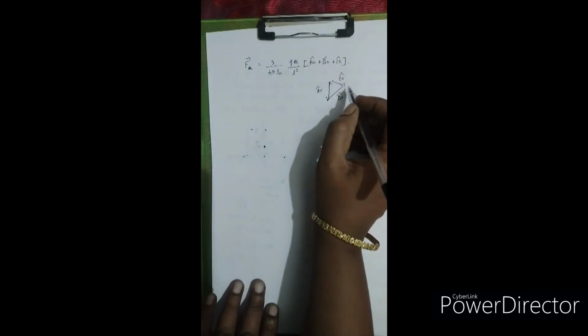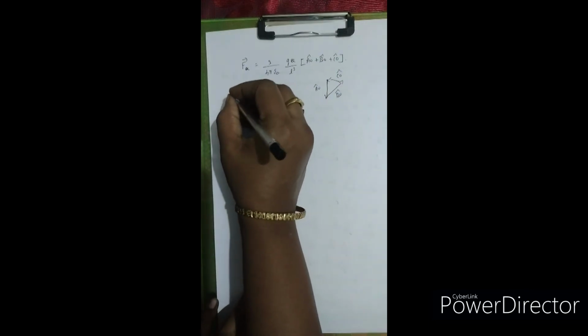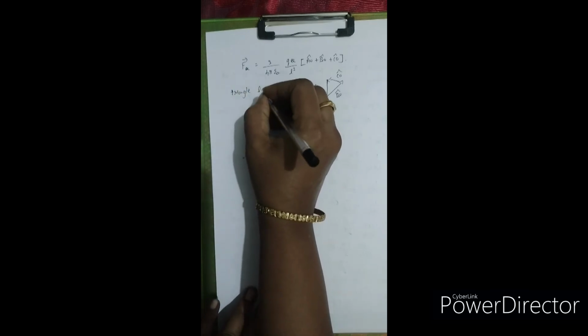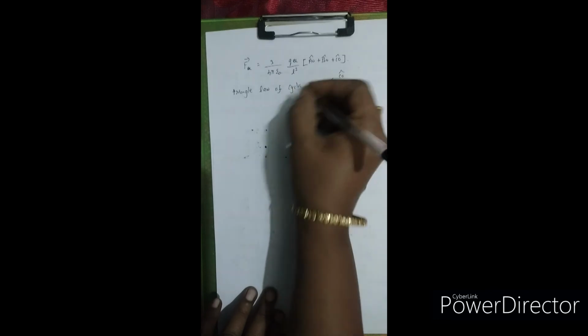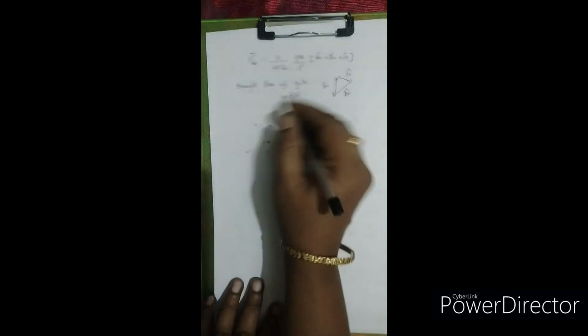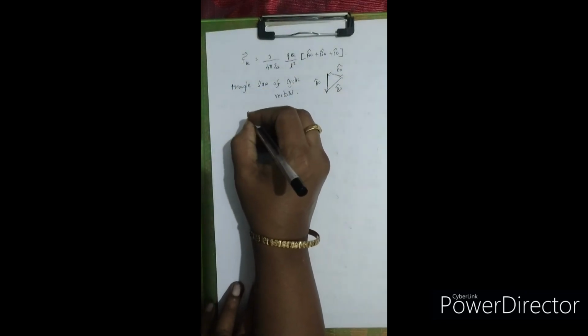So now I can consider that they are forming a cyclic vector, right? I can use here the triangle law of cyclic vectors. Okay, right? So if I use the triangle law of cyclic vectors, then what will I be getting?